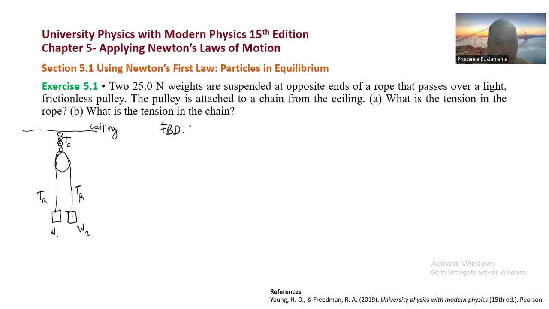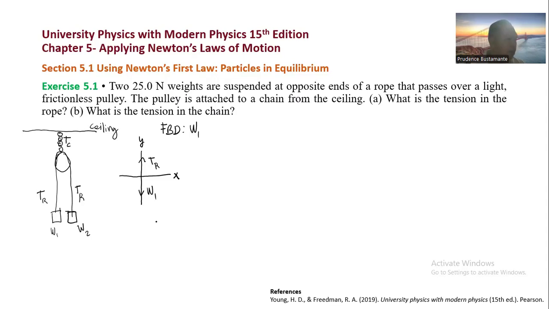The weight one is equal to 25 Newton. For weight one, we can see here the y and x components. The forces acting on you, if you are weight one, are the tension of the rope upward, and downward the weight one.